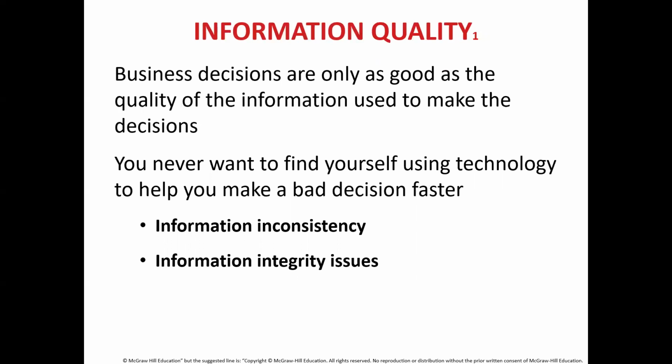Information quality. Business decisions are only as good as the quality of information used to make the decisions. You never want to find yourself using technology to help you make a bad decision faster. Bad decisions may include information inconsistency and information integrity issues.